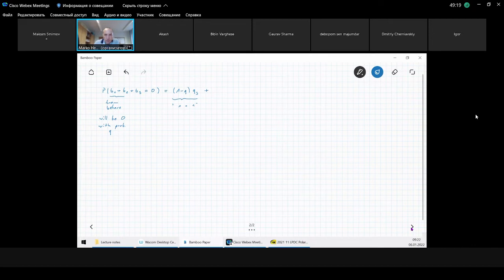Or the case where both are 0: with probability Q, B1 plus B2 is 0, and with probability 1 minus Q3, the bit 3 will be 0. So this will be the case where we have 0 plus 0.